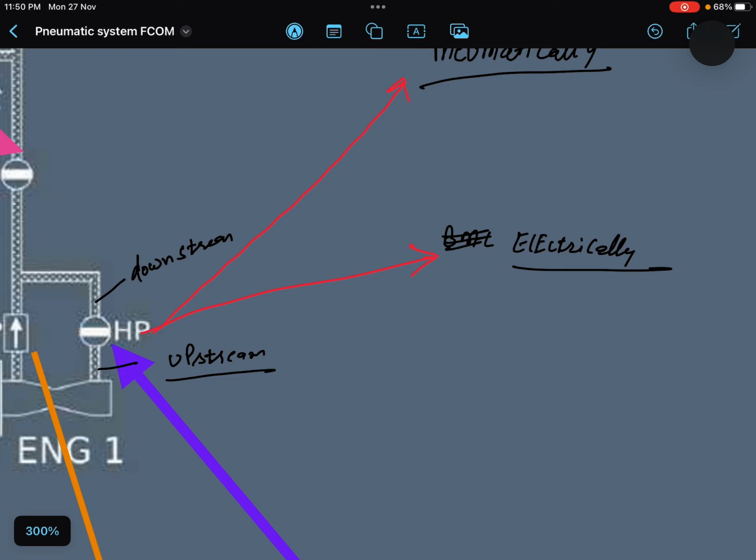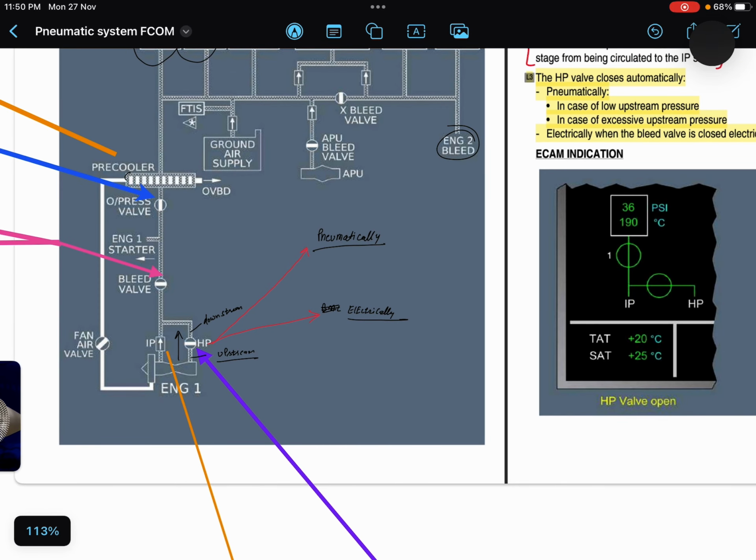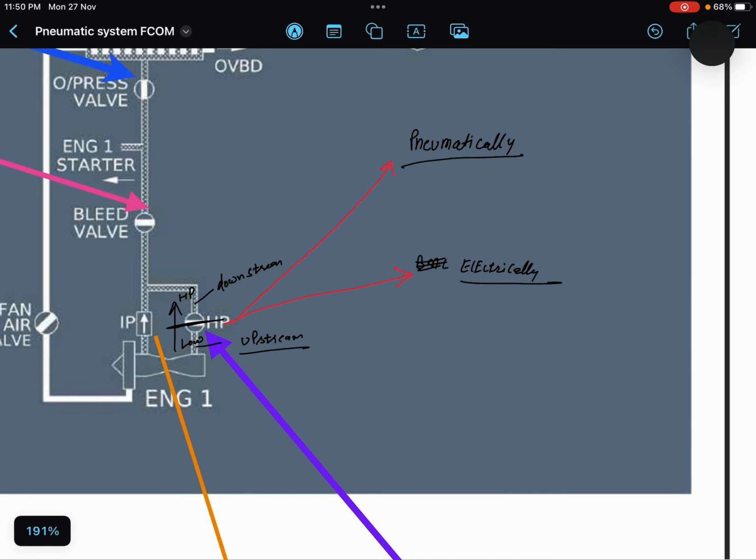This is downstream and this is upstream, because the air will be moving like this. So whenever low upstream pressure is sensed, here low pressure is sensed and here high pressure is sensed, in this case the HP valve will pneumatically close automatically, right?